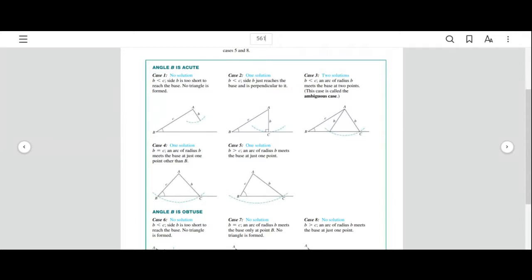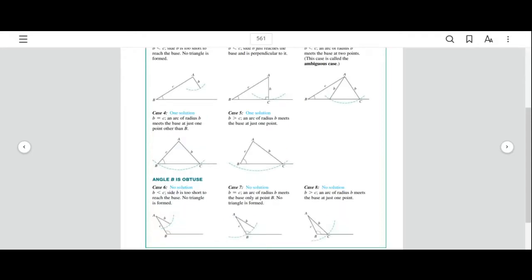It might have 1 solution where B is just long enough to barely reach that horizontal side. It may have 2 solutions where B is a certain length, but it could hit at 2 different spaces. That's ambiguous. Either one is a valid solution, and so we may have to list both solutions. We may have exactly 1 solution where B is just long enough, the same size as C in this case, or it may be longer than side C, such that we only get 1 case.